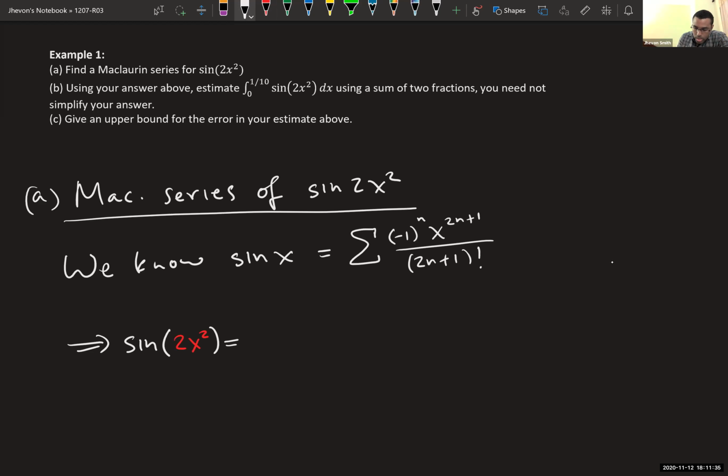So this is n goes from 0 to infinity of minus 1 to the n, and then I'm going to have here 2x squared. Just plug it in for x.